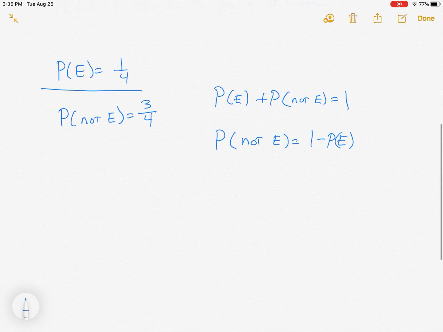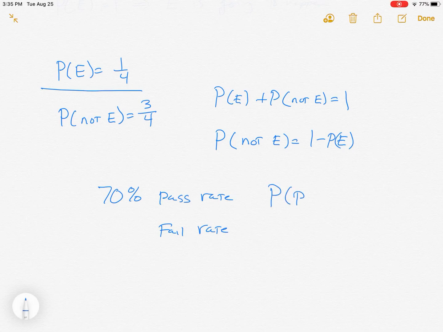So if I told you, you're used to this, if I told you that there was a 70% pass rate in a class, could you tell me the fail rate, the probability that you don't pass, right? Percentages and probabilities are pretty much the same thing. So this is saying the probability that you pass is 0.7.